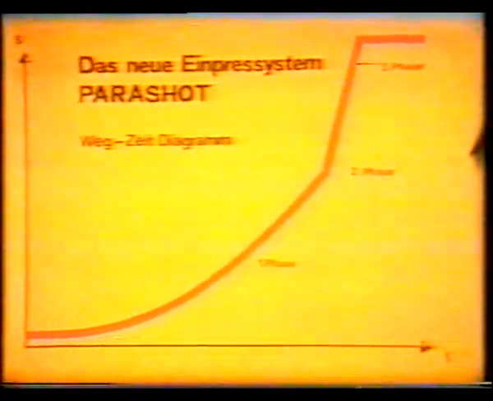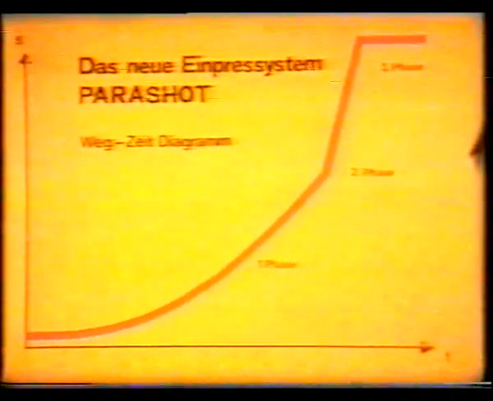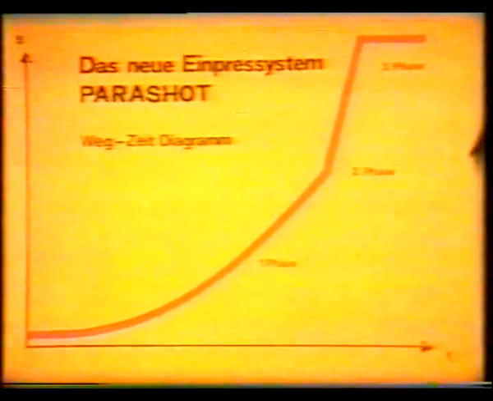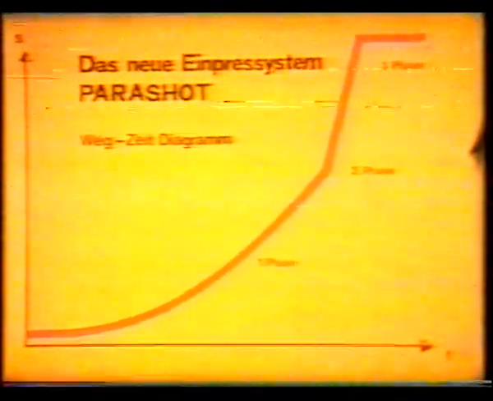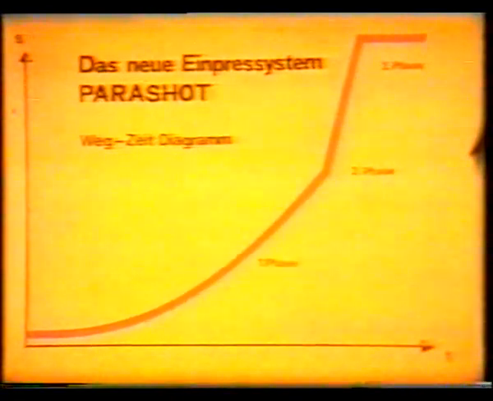The time-distance diagram of our new injection system is characteristic for the parabolic, constantly accelerated injection movement during the slow approach phase. The parabola is distinguished by our trademark parashot. With the constantly accelerated injection, the filling proceeds absolutely calm.